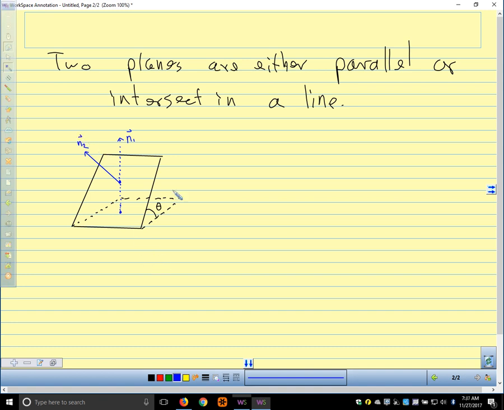The angle that the planes intersect is the same as the angle at which the normal vectors intersect. So we can say the angle between the normal vectors is the same as the angle between the planes.